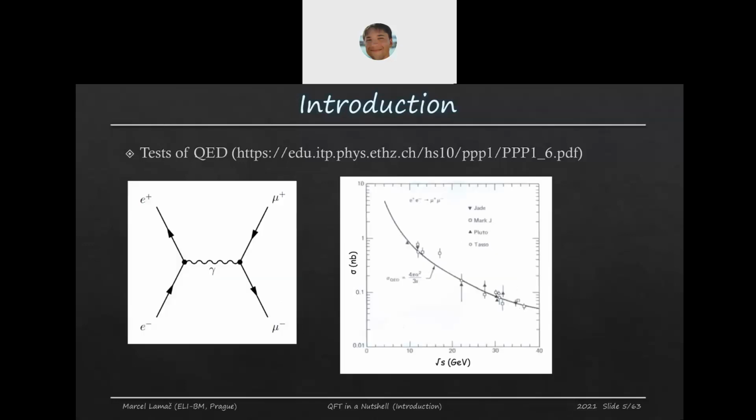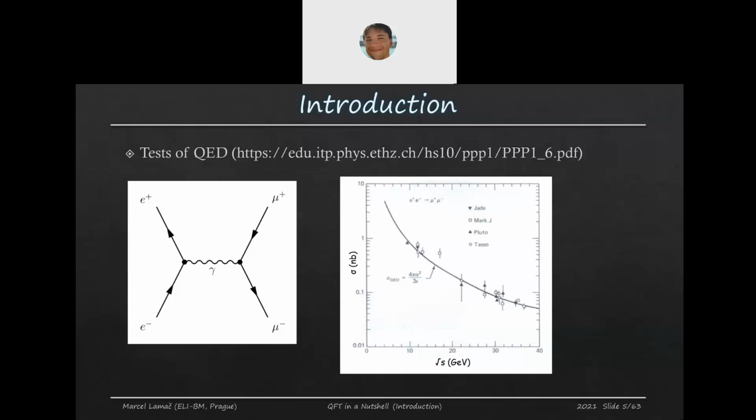Then there's another process that was studied, which is once again the collision of the electron and the positron, but now in the final state, these two particles have annihilated, and the outgoing particles are the muon and anti-muon.